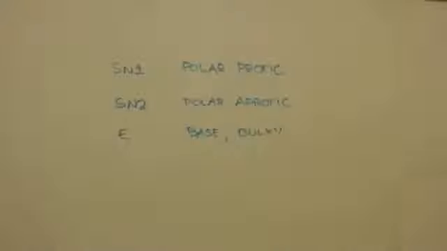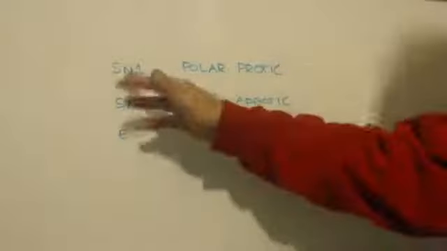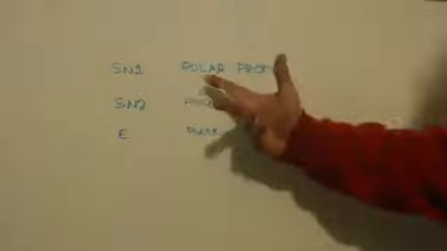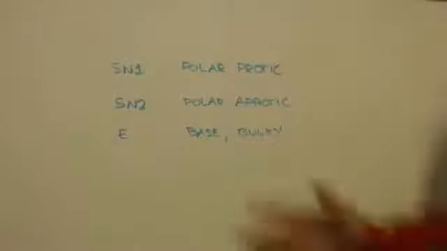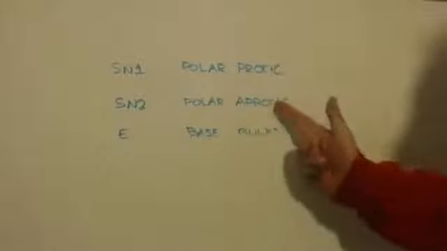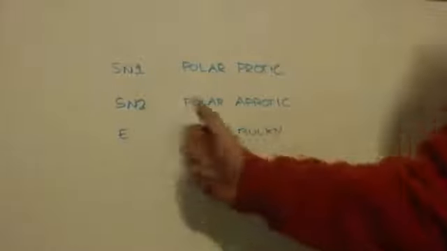One last thing I want to go over with solvents is that solvents do play a big part in what type of reaction you're going to have. Here's just a couple examples. Let's say you had an SN1 and an SN2 reaction. If you use a polar protic solvent, you're pushing the reaction towards an SN1. If you use a polar aprotic solvent, you're pushing it to be an SN2.